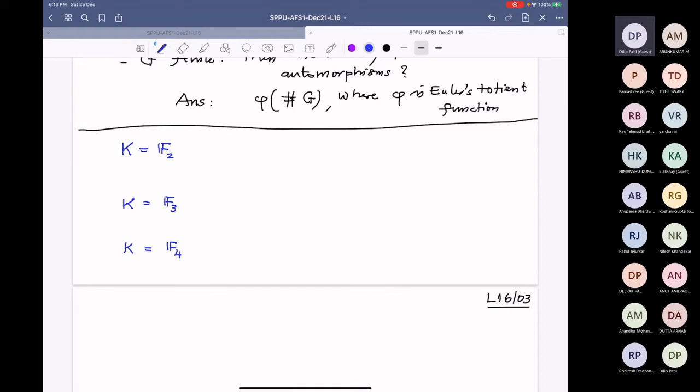So in all these cases, you should note down the cardinalities of GL and F2, you know. Similarly, SL and F2. Similarly, PGL and F2. And similarly, PSL and F2. And you will be surprised, in the F2 case, all their cardinalities are equal.